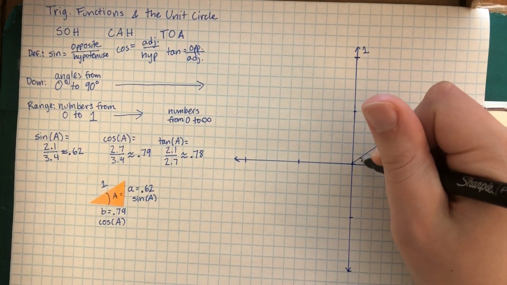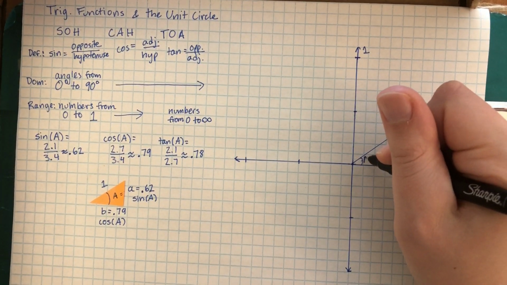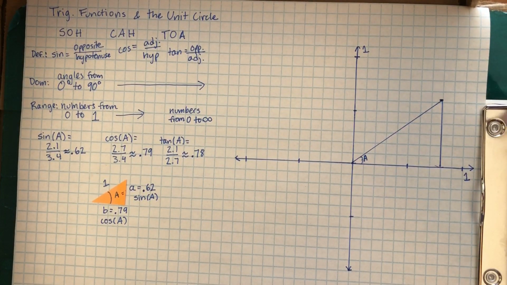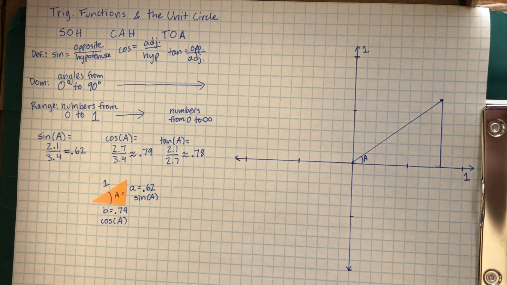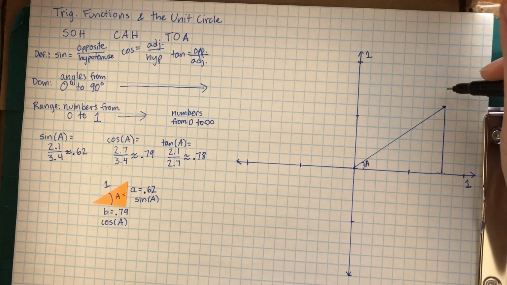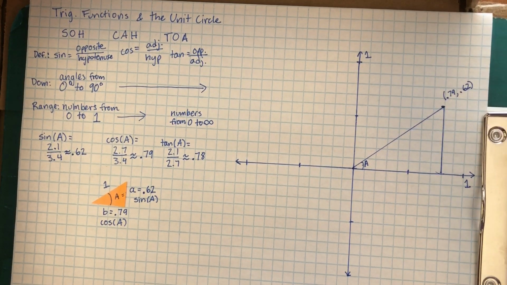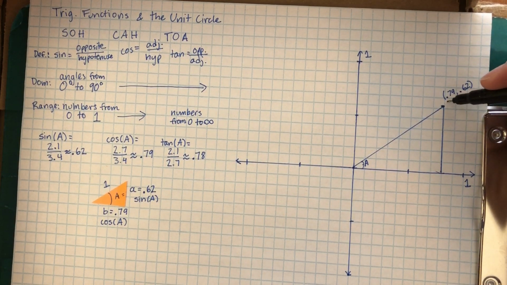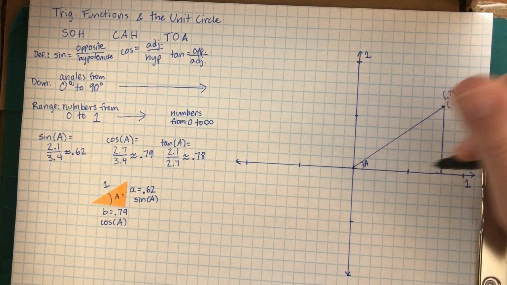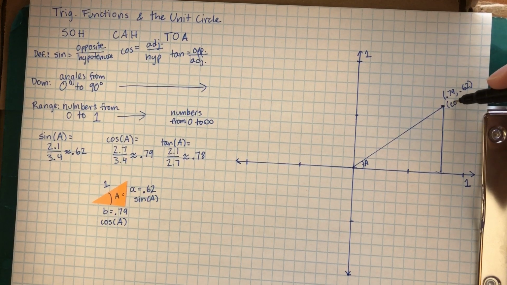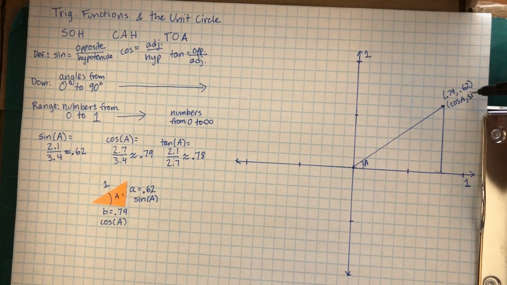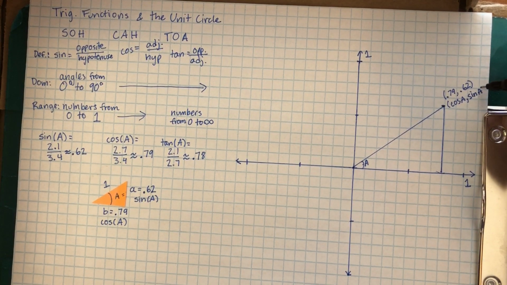So here's my angle A. And the coordinates of this point are 0.79, 0.62. Or another way to write these coordinates would be the x-coordinate is now the width here, the cosine of A, and the y-coordinate is the sine of A.